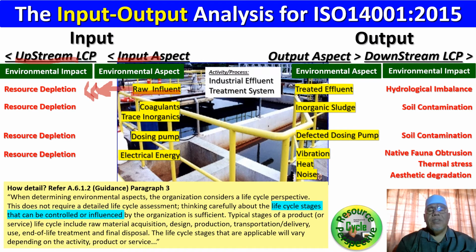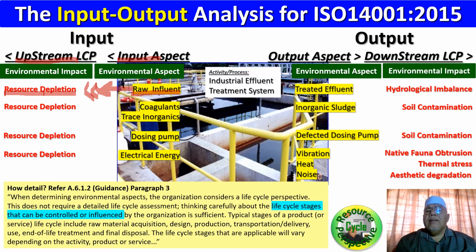These are all natural resources, and therefore the more need for these materials, the more will be extracted from natural resources, especially chemicals, metals, etc. And it becomes effluent in this process. And therefore, what is the environmental impact? Natural resource depletion. So raw effluent is an environmental aspect because upstream is its interaction with the environment, causing what is known as resource depletion as the environmental impact.